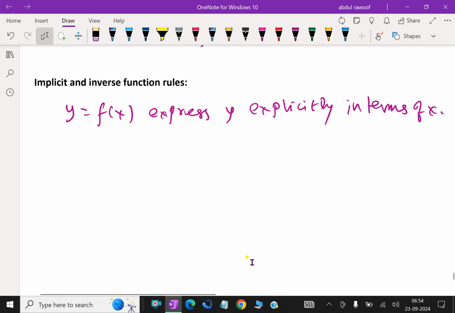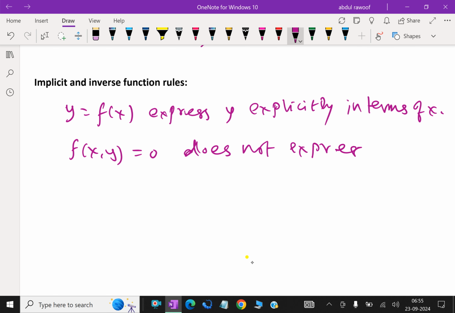Suppose another function, f of x comma y equals 0, does not express y explicitly in terms of x. Such functions are called implicit functions.